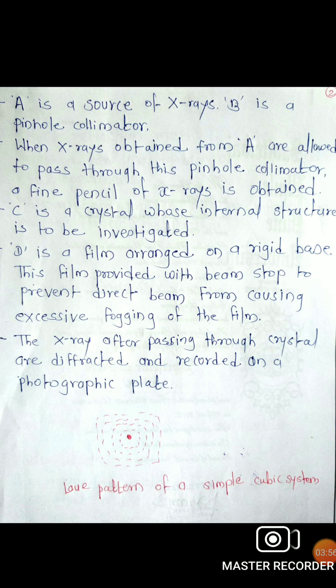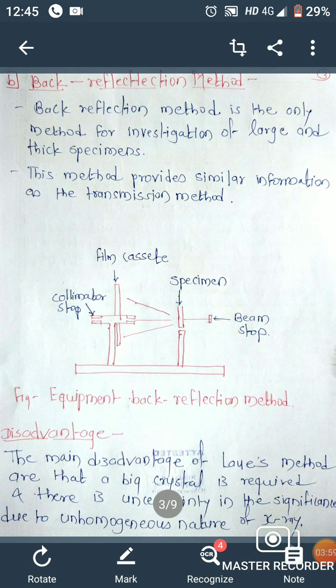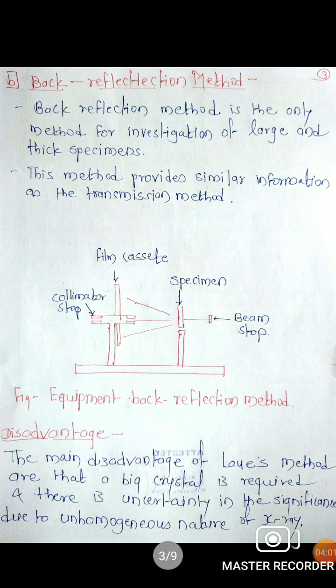Then the second method of Laue is the back reflection method. The back reflection method provides similar information as the transmission method. This is the only method for the investigation of large and thick specimens. Here is the equipment for the back reflection method.